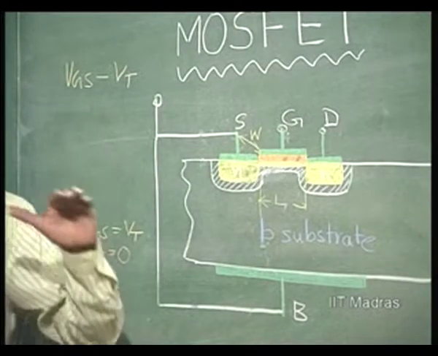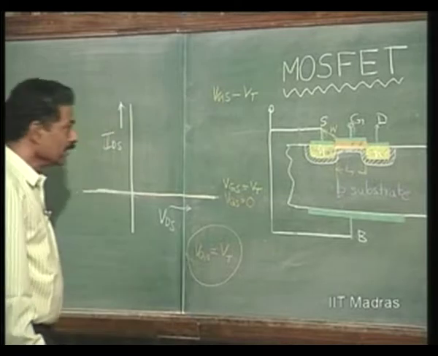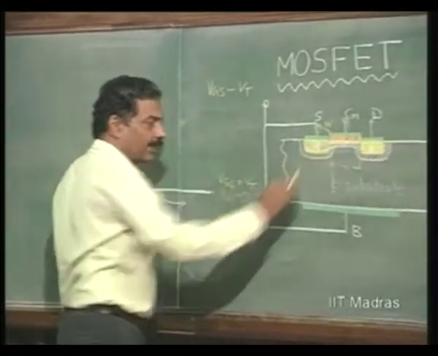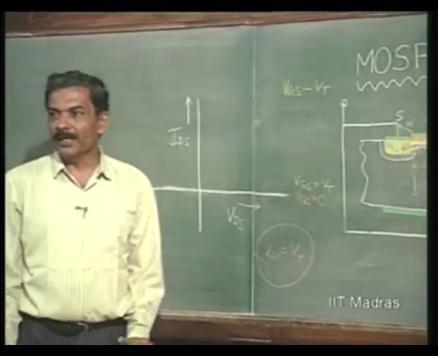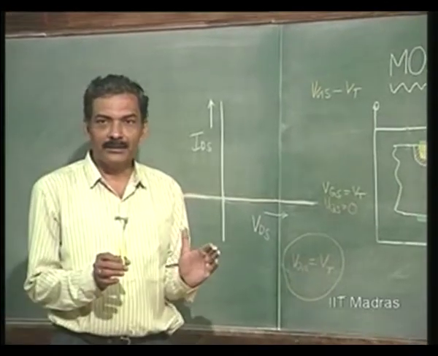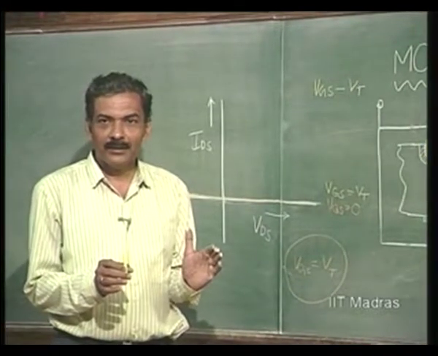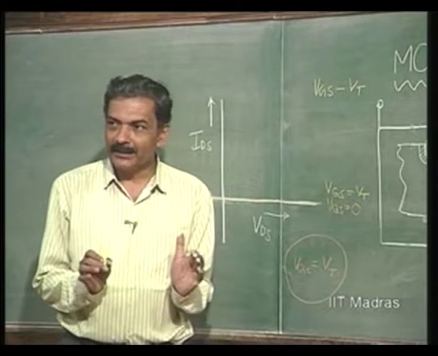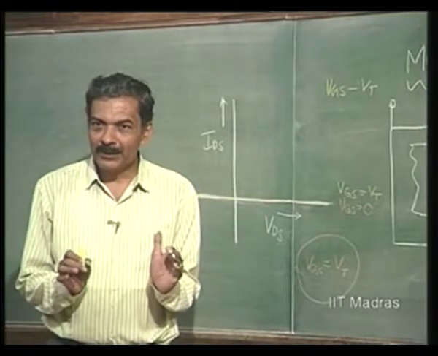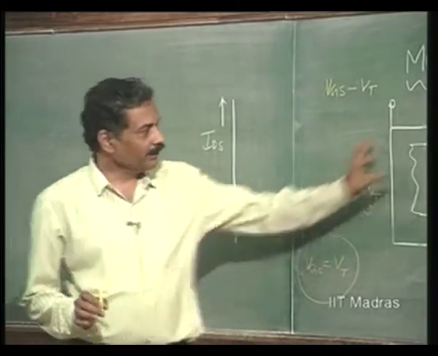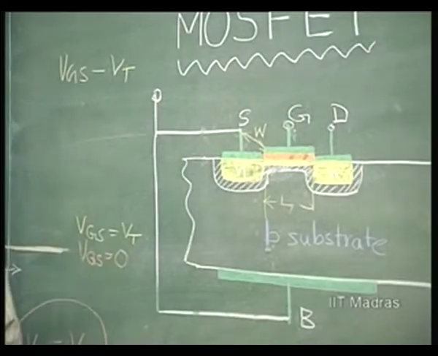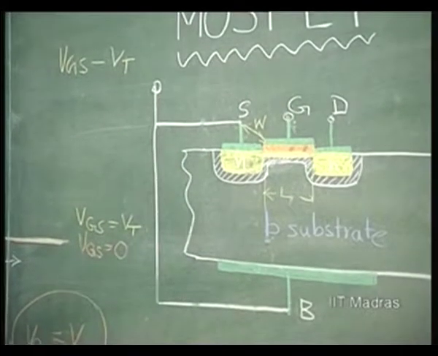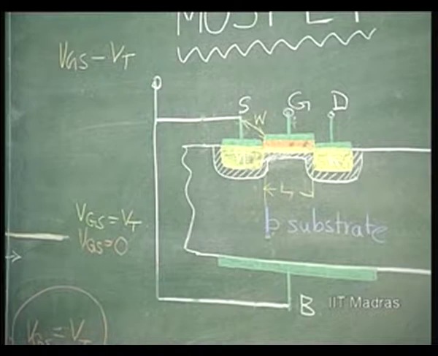This channel is really equivalent to a resistance. As long as VDS is kept close to 0, this uniformity of the resistance depth can be maintained.